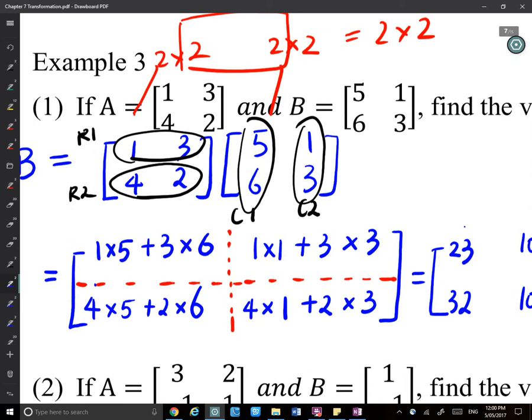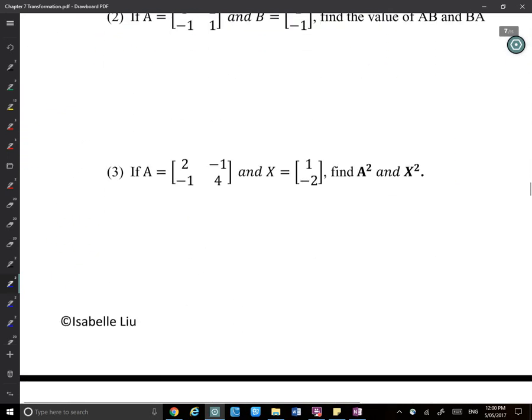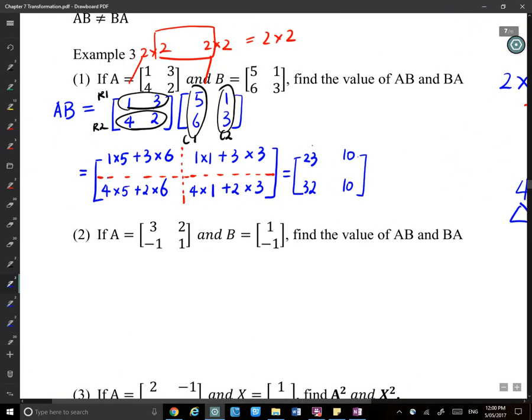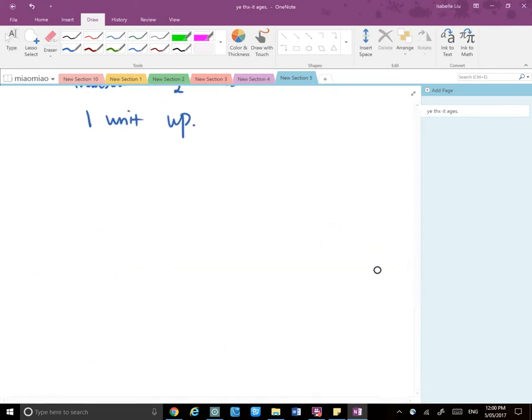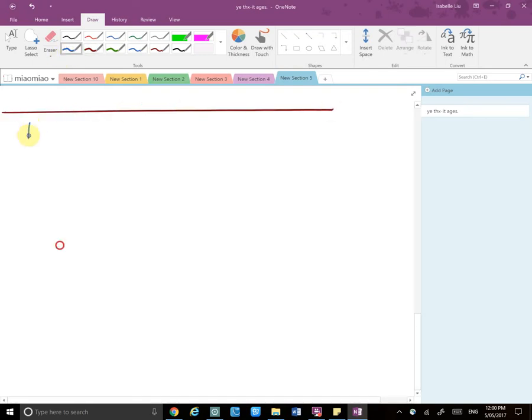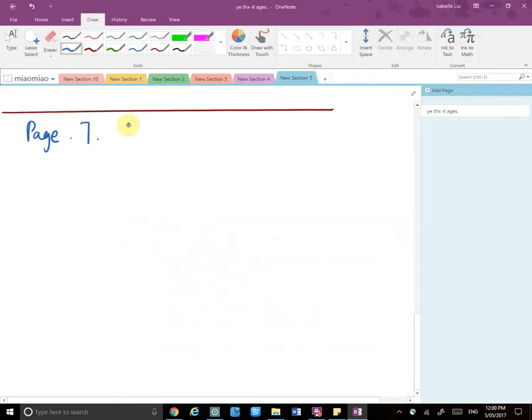And let's have a think about B times A. That's page 7, example 3.